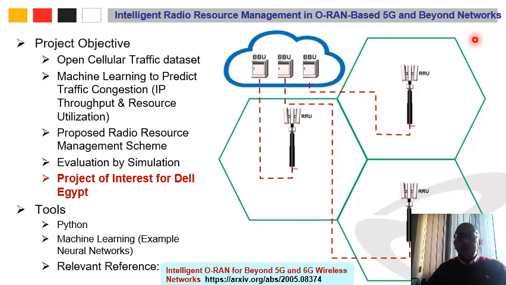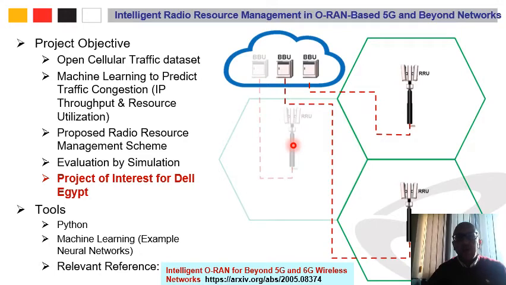Because one of the ideas of intelligent resource management says that what if at some point of the day, maybe it's off rush hour, the traffic in this area is very low, such that we would like to switch off this RRU and BBU. So they are dimmed now, because with the low load, we don't want to pay the penalty of the energy consumption affiliated with them. So let's say that this is designed to support maybe 100,000 subscribers, and at this point of the day I only have 10,000.